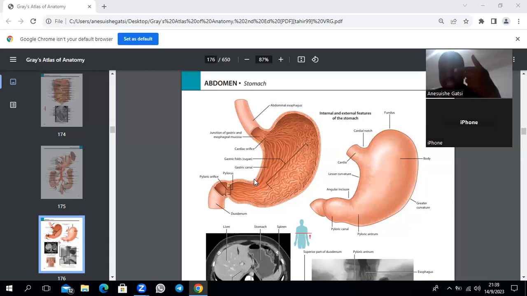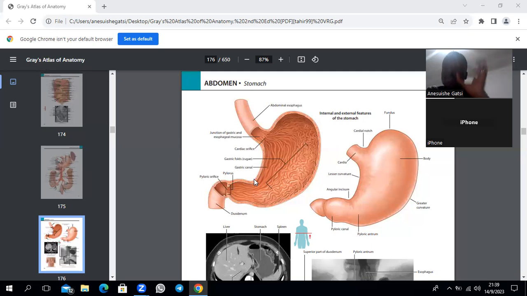I'll show you that when we do the liver. So stomach, basically, there is lesser curvature with a lesser omentum. There is greater curvature with a greater omentum. The greater omentum connects the greater curvature of the stomach to the transverse colon. Transverse colon is part of the large intestines.